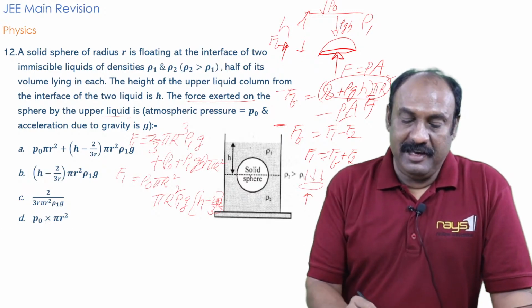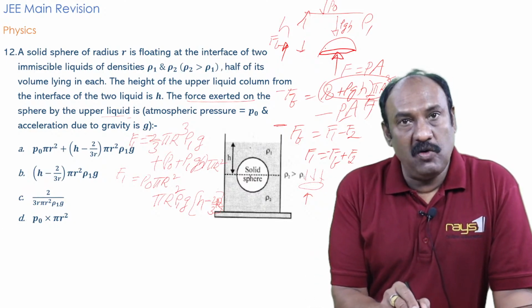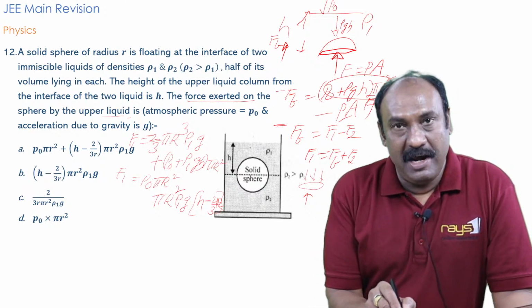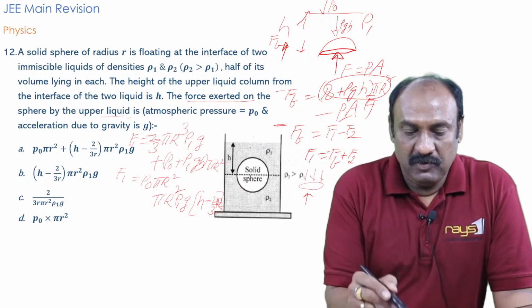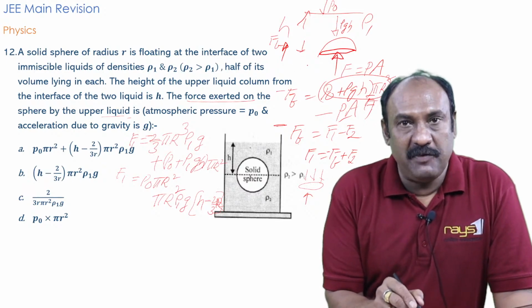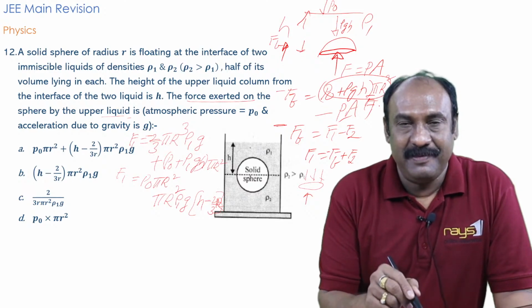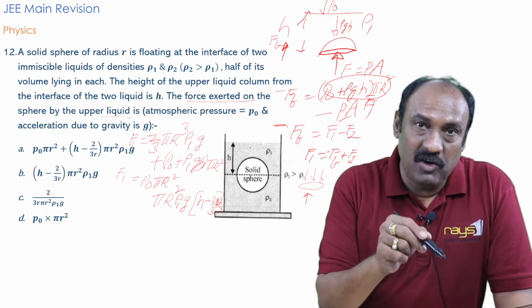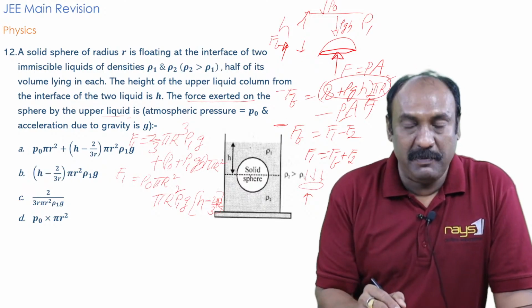Why did I consider minus Fb here? I considered the resultant of this downward and upward force as the buoyant force, but buoyant force always acts in the upward direction. F1 minus F2 is written here as buoyant force, but I considered it in the downward direction. Actually the buoyant force is in the upward direction, due to that I put minus.